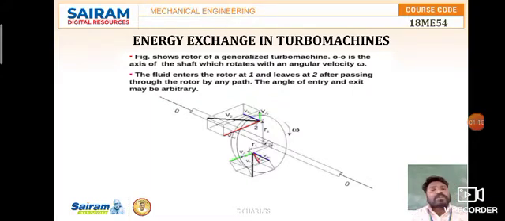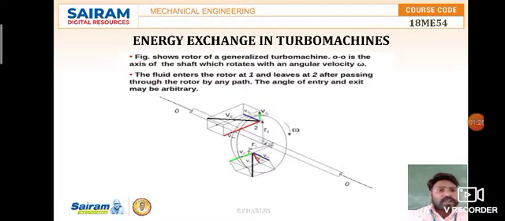Now the shaft rotates with an angular velocity omega. Here in the figure, you can see the rotor rotating along with the shaft at the angular velocity omega. Now the fluid enters the rotor at 1 and leaves at 2.